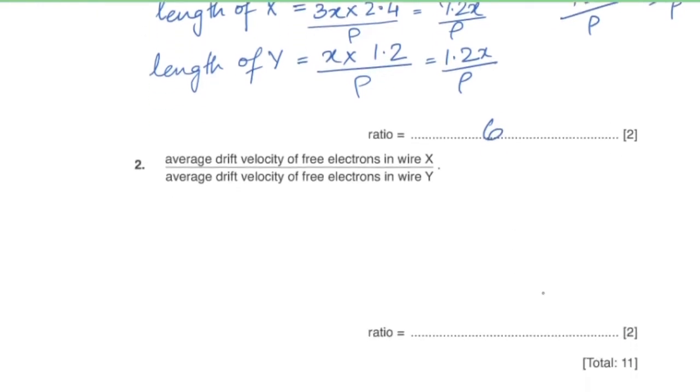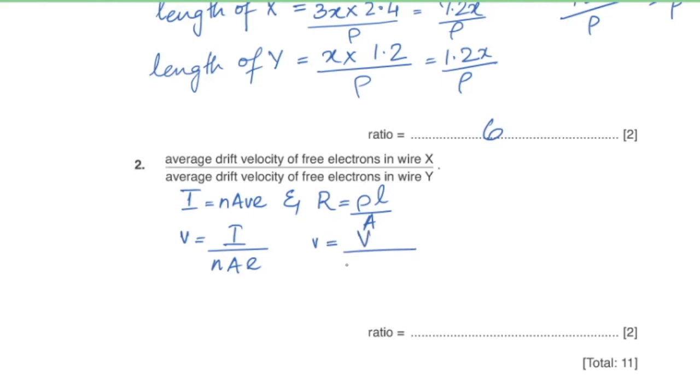Next, the ratio of the average drift speed of free electrons in wire X to the average drift speed of free electrons in wire Y. So current is equal to nAve, and resistance is equal to resistivity times length divided by cross-sectional area, where the average drift speed is equal to current divided by nAe, where current is also equal to voltage divided by resistance. So we get average drift speed equal to voltage divided by resistance times number density times cross-sectional area times charge of an electron.